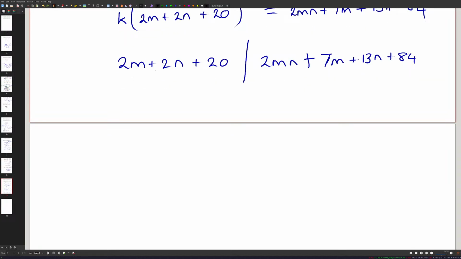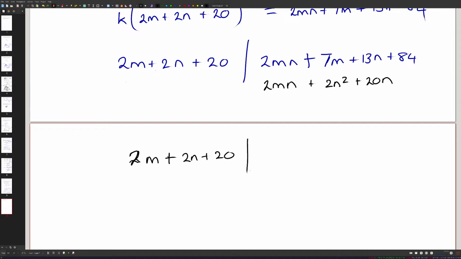It's going to be the same weird conclusion, because this is always a factor of 2mn plus 2n squared plus 20n. And so we get that this must divide 2n squared minus 7m plus 7n plus 84.